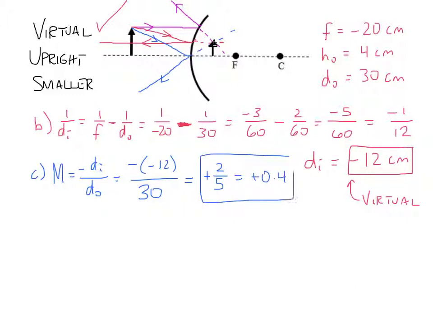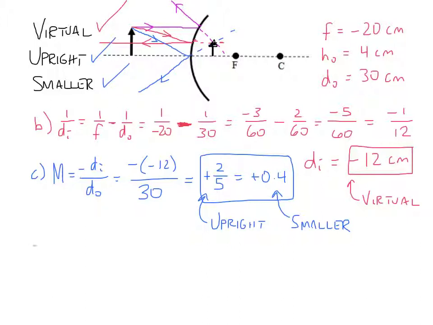Either one of these would be an acceptable answer for the magnification. The plus sign means that it is upright, so that checks out, and the numerical part is less than 1, meaning that it is smaller than the object, so that also checks out.